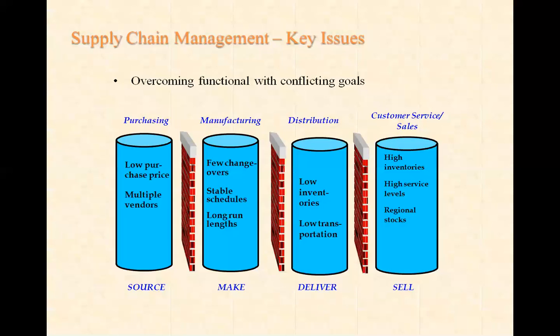Distribution: low inventories, low transportation. Customer service and sales: high inventory, high service level, regional stock. So these are the main goals of supply chain management: source, make, deliver and sell. It is the main core part of supply chain management.